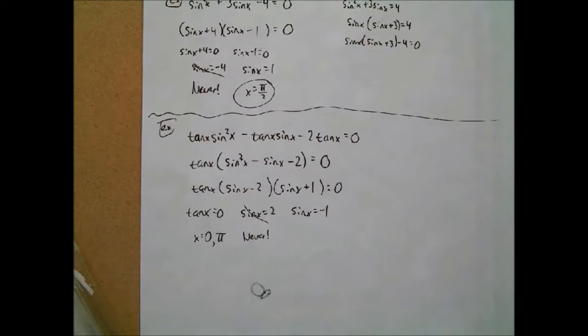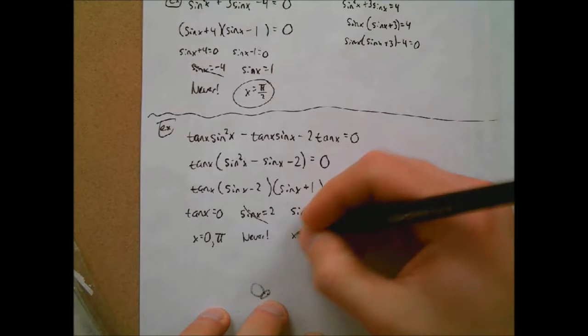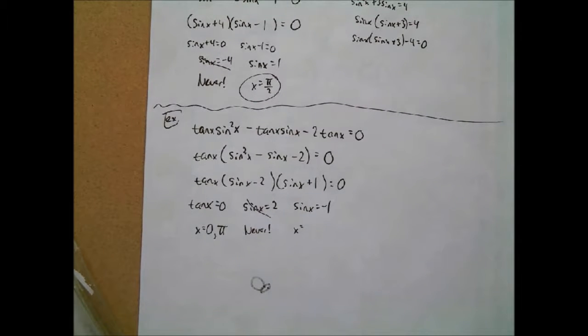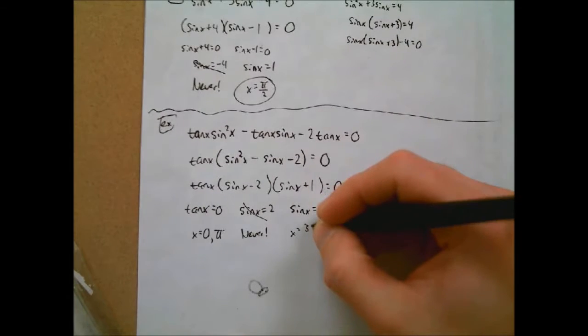Brendan, sine of x equals -1. When's that happen? When x is 3 pi over 2. Yes, it's 3 pi over 2.